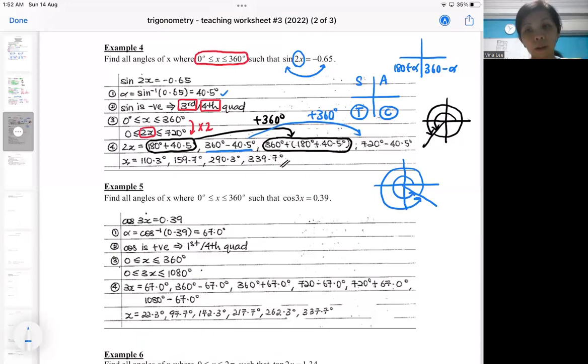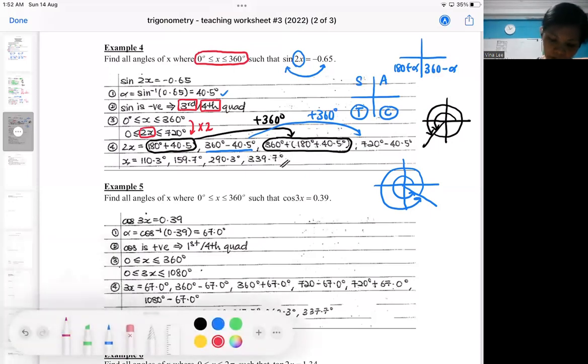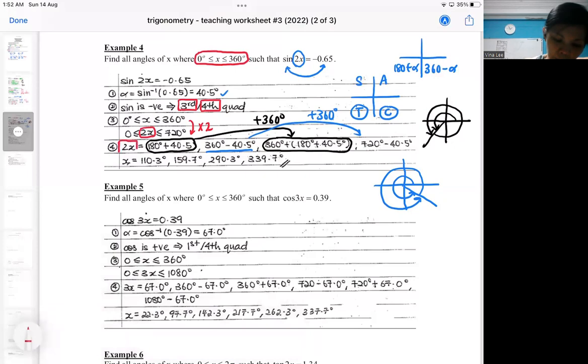So you actually visited the third quadrant twice, and you also visited the fourth quadrant twice. So all the four angles are meant for 2x. That means 2x is the angle that travels through the third quadrant twice, the fourth quadrant twice.